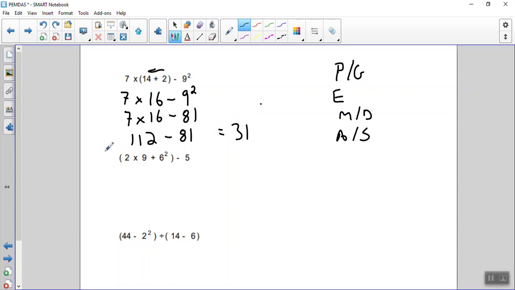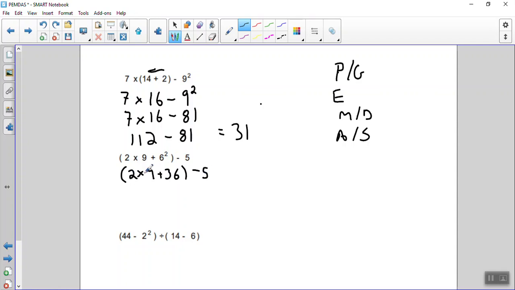So here's a good example of nesting, right? Our PEMDAS tells us we have to do this parentheses first. So when we look inside, we see we have a multiplication, an addition, and an exponent. So the next thing we have to do is our exponent. So the parentheses is still there. We have 2 times 9 plus 6 squared is 36 minus 5.